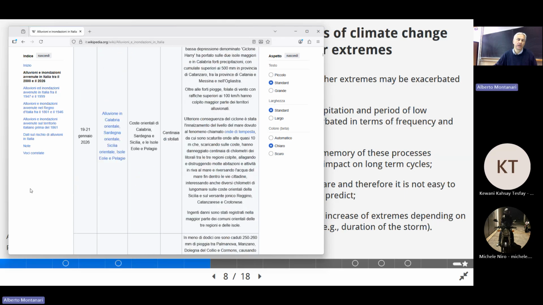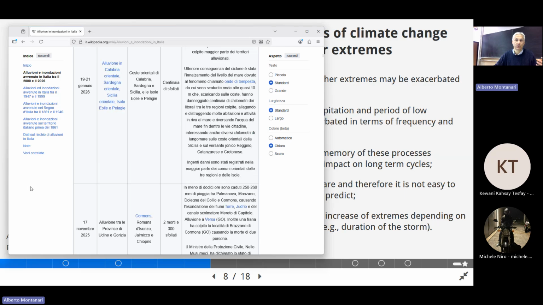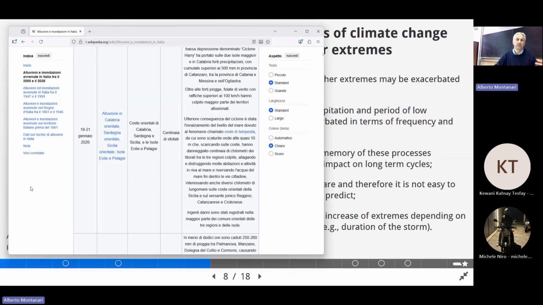And of course, when I said that most of these floods occurred during summer, first of all, you have to consider that when I say summer, you also have to refer to the geographical location, because the short-term, violent storms in the south of Italy may also occur during winter. In Emilia-Romagna, it's more difficult.